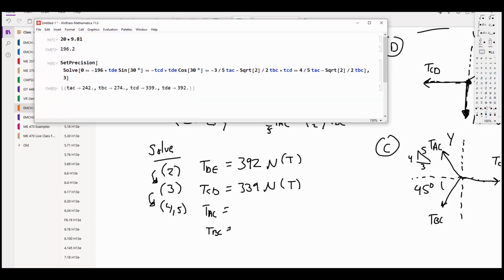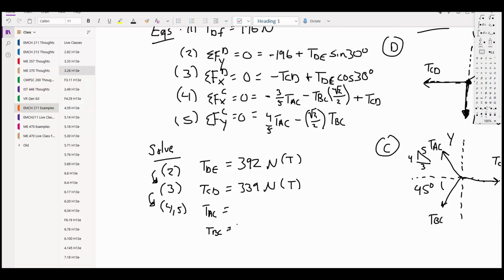All right, so pressing go on this is going to solve these 4 equations for the 4 unknowns, TDE, CD, AC, and BC. So again, 2 of them we already knew, the 392 and the 339. So it turns out TBC, we get a positive 274 for BC. So that means it is indeed in tension.